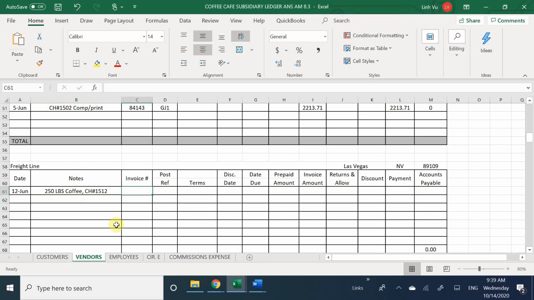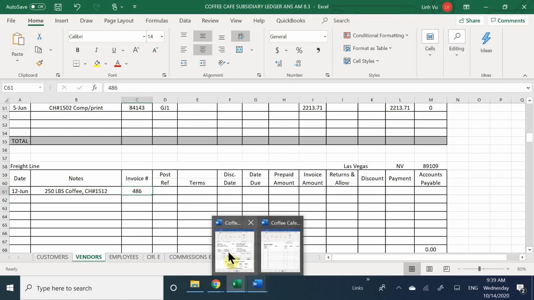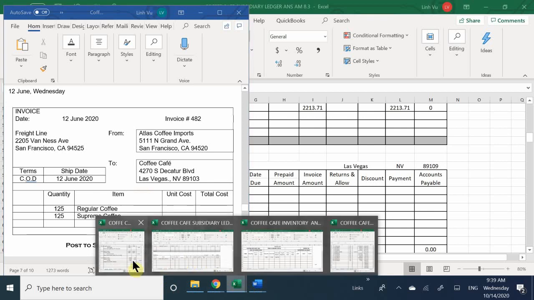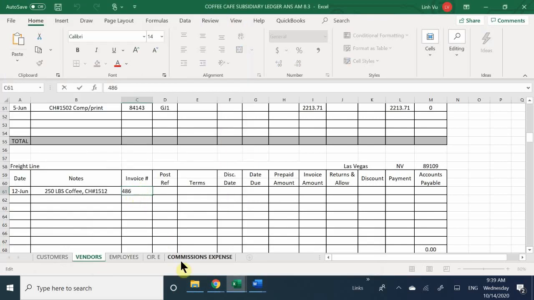My invoice number was 486. Is it 486 or 482? Oh, 482. Post reference again is going to be General Journal number 4. Did I get any terms, discounts, or due dates? No, but you do need to indicate that this was COD.